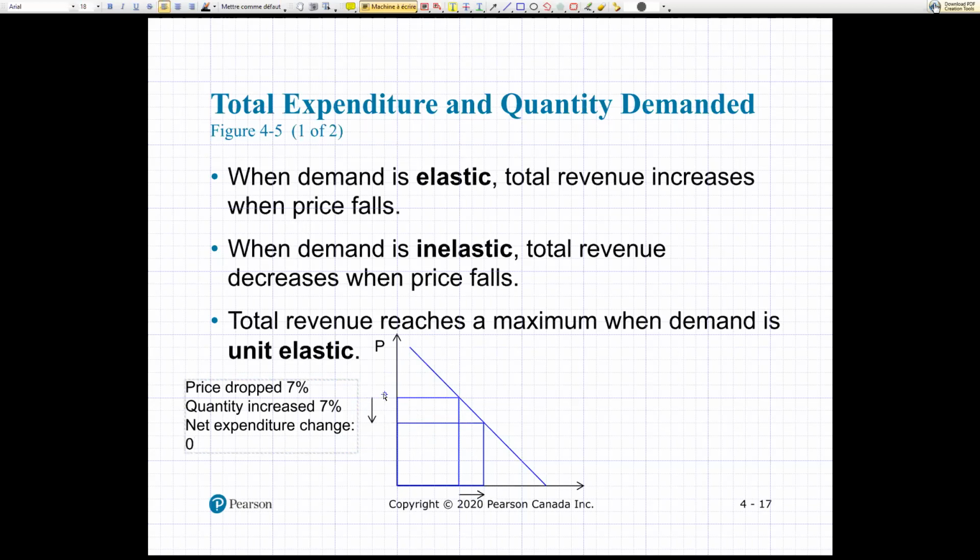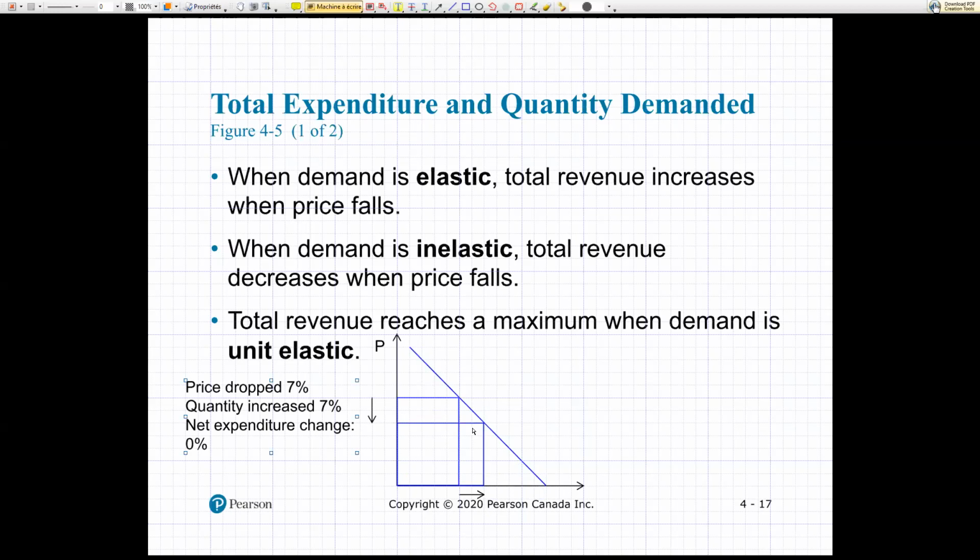Whereas here the price would double and the quantity would change very little, say by 1%. Or here the quantity would change by a few percent and the price would drop by 50%, for instance.